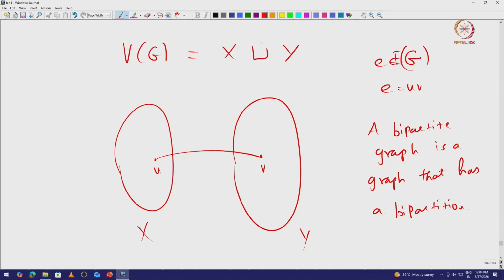Okay. So, this is the important thing. Again we allow a bipartite graph to have multiple edges and all, that is not a problem.